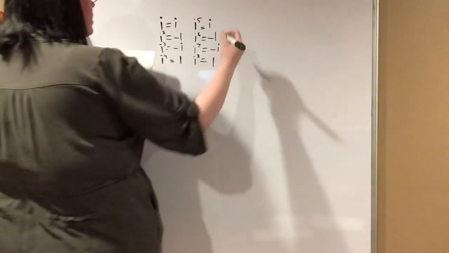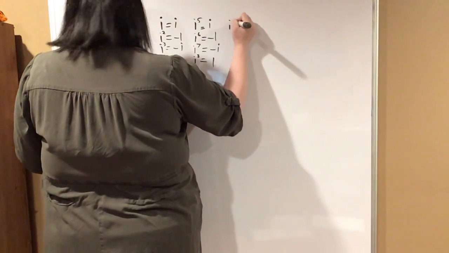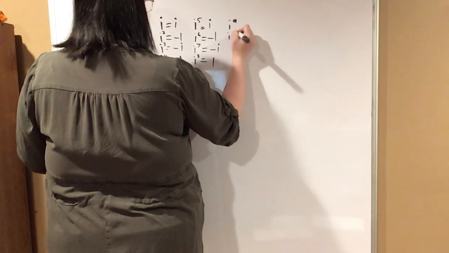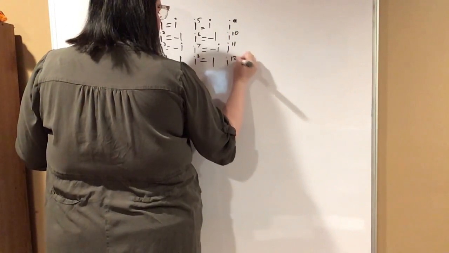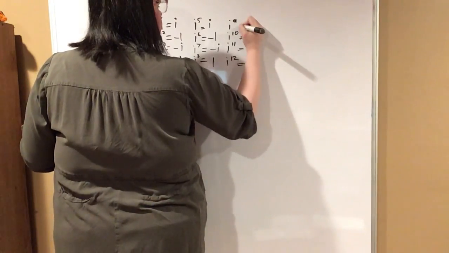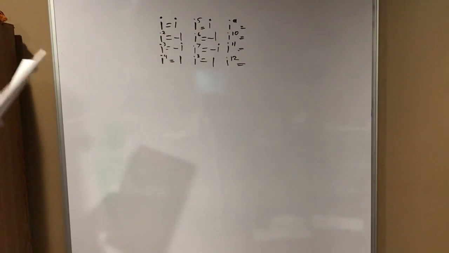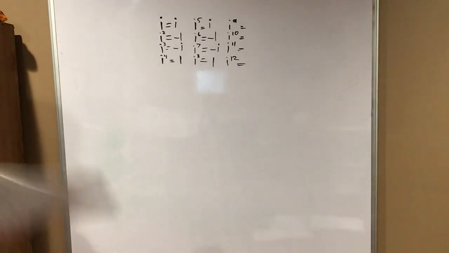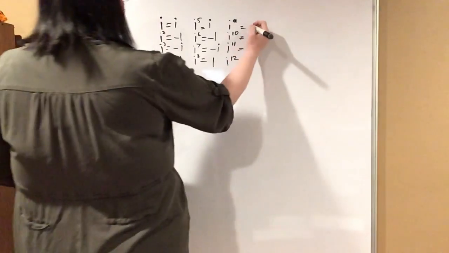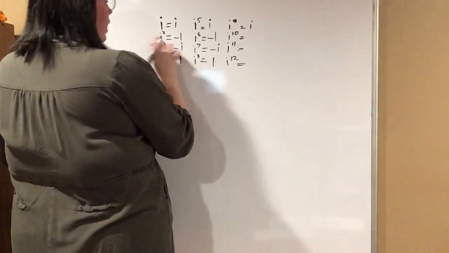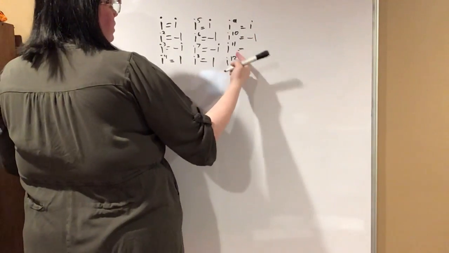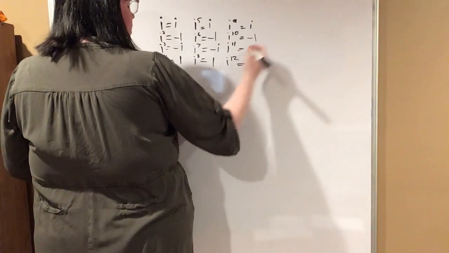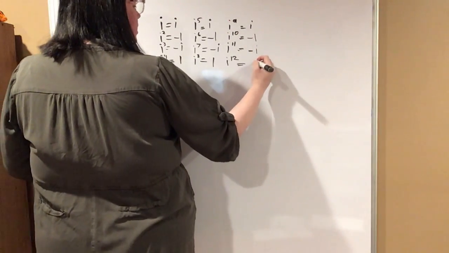So now looking at this, what do you think i to the 9th will equal? We have i to the 10th, i to the 11th, and i to the 12th. What do you think these will equal? Well, looking at this, we know that i to the 9th is going to equal i, i to the 10th is going to equal negative 1, i to the 11th is going to equal negative i, and i to the 12th is going to equal 1.